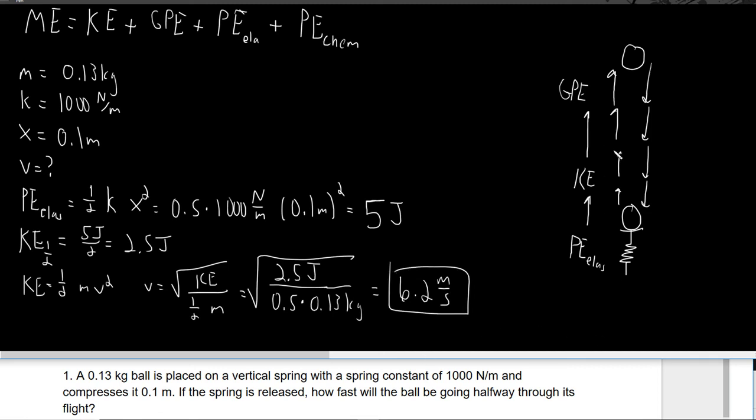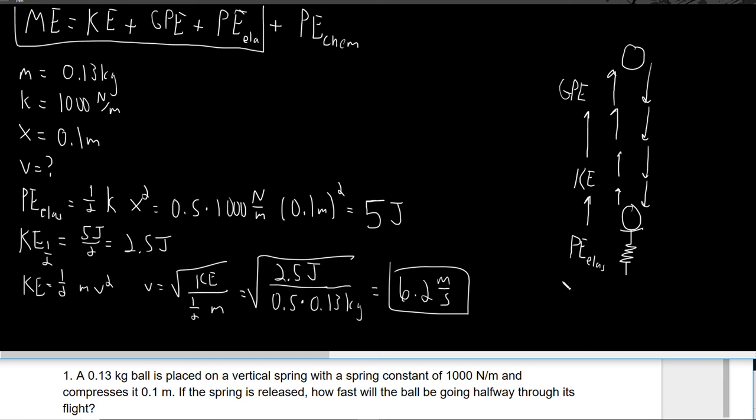Halfway through its flight. Right away, it would have been going much faster, but we can think that through. Gravity starts accelerating it downward. We're losing kinetic energy to GPE. Really, it's just finding what's your change in energy, and keeping in mind, I'm going to ignore the chemistry part there, the mechanical energy for a system just doesn't change.